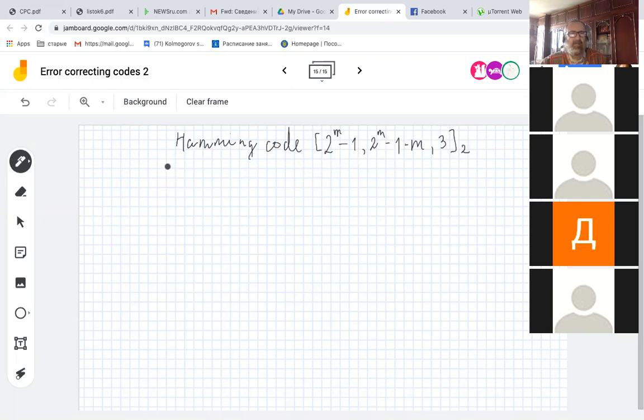And the second family of codes is called the Reed-Solomon codes.